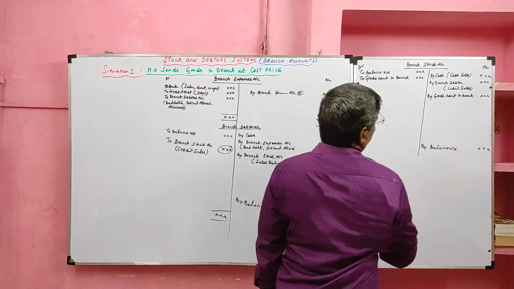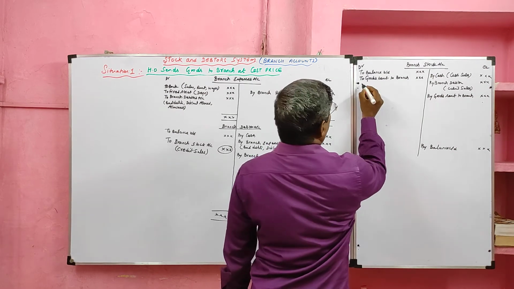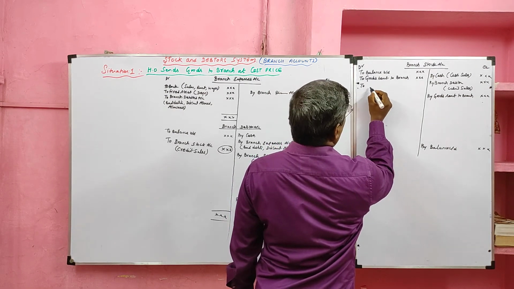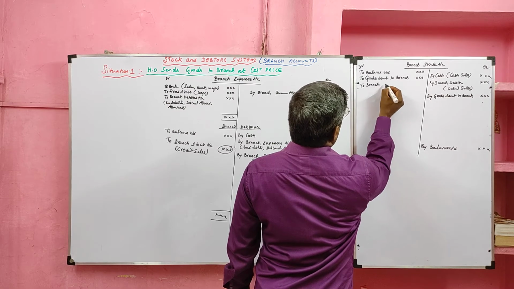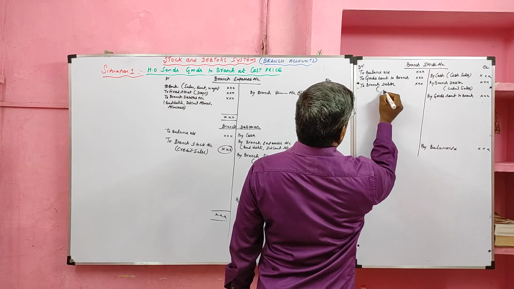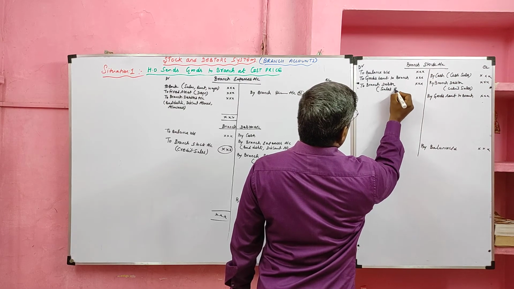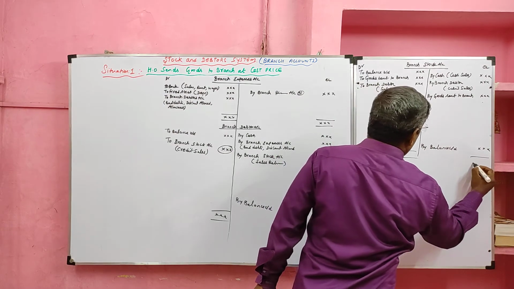Then when customer returns goods to us, that we call sales return, we should not write sales return, we should write branch debtors account. This we consider as sales returns. Then we'll balance.